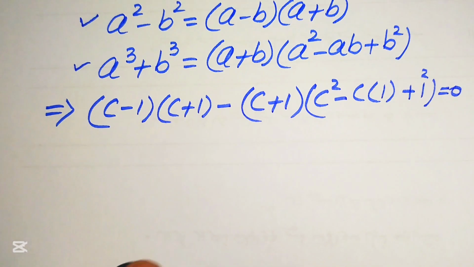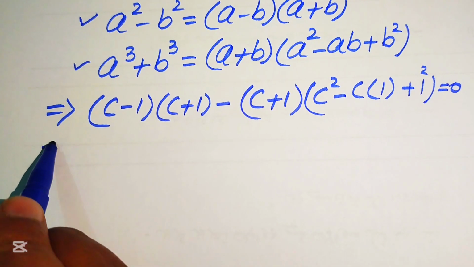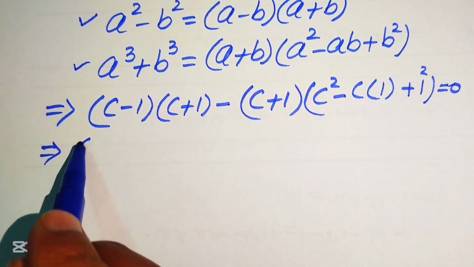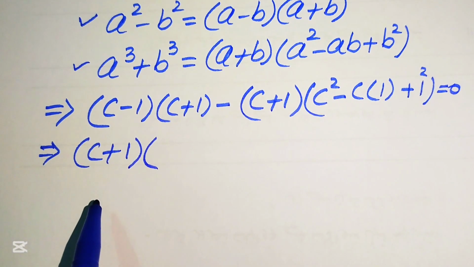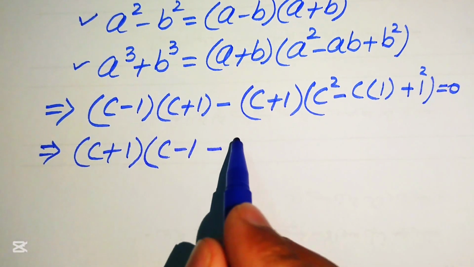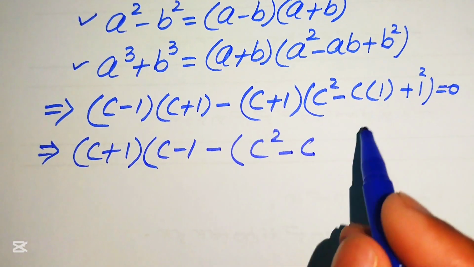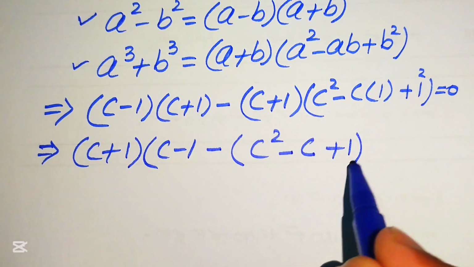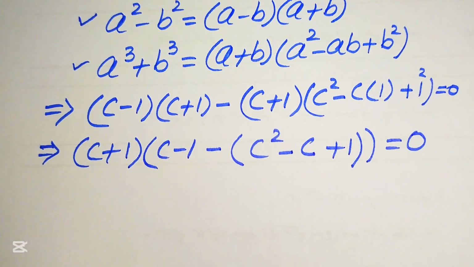And now in the next step, you focus on these two terms, and you see we have c plus 1 as the common factor, so we take common c plus 1, and the remaining values are c minus 1, and minus times of c square minus c times 1 is c, and 1 square equals 1, and this whole equation equals 0.